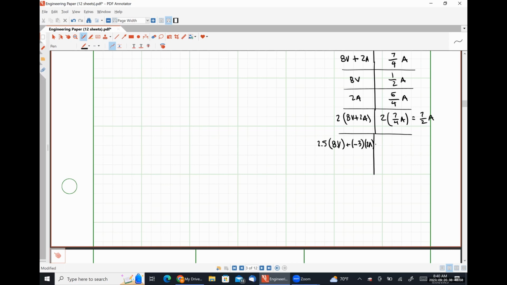What we should expect to see is 2.5 times 1/2 an amp plus -3 times 5/4 of an amp. Let me add all that stuff together. -2.5 amps.